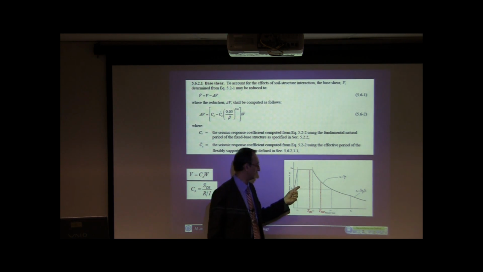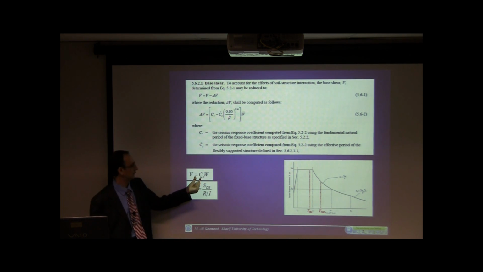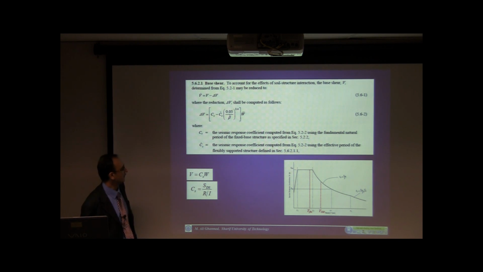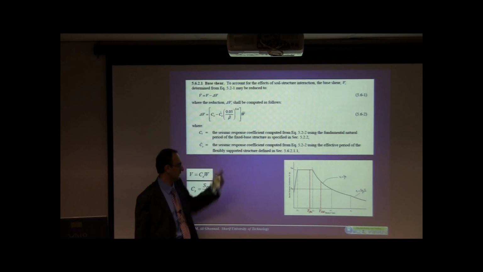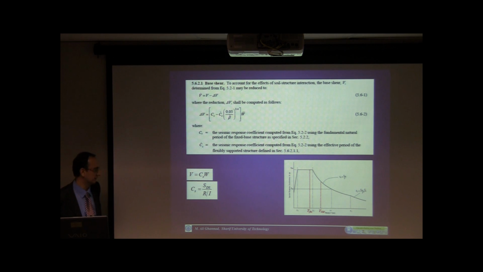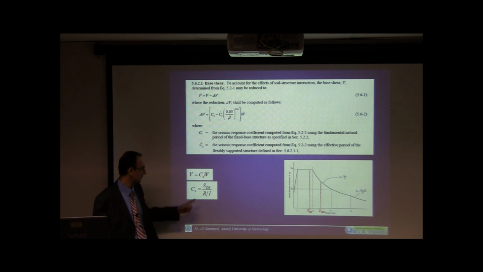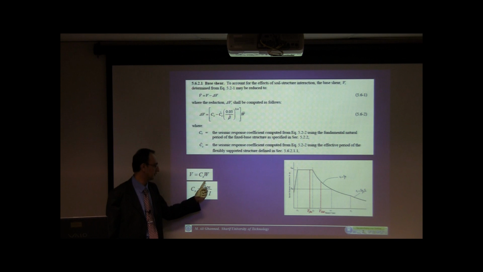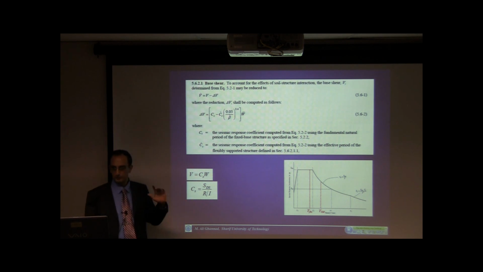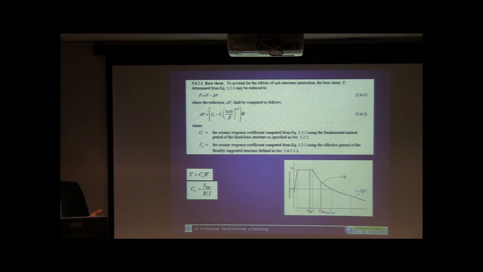You can find the Cs from this formula and adjust it for the damping that you already have. But the thing that I want to emphasize here is that the changes are only in the denominator of this equation. It means that they are using the same modification factor R for both the soil structure system and the fixed base structures, so extending the findings of the elastic response to the inelastic directly.